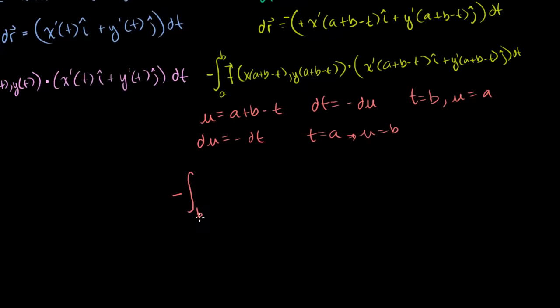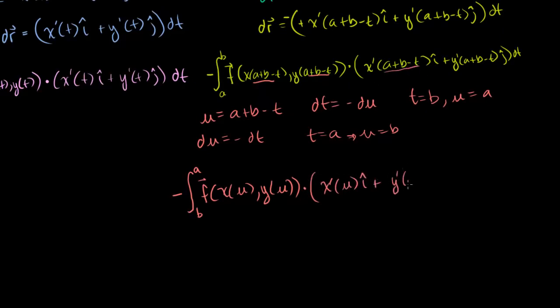The integral from u equals b to u equals a of f of x of u, y of u, dot x prime of u times i plus y prime of u times j.